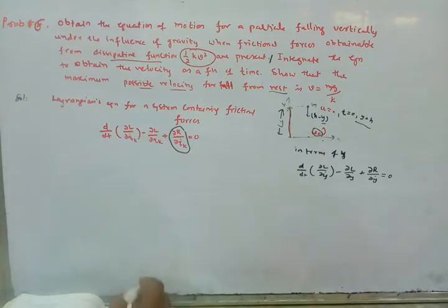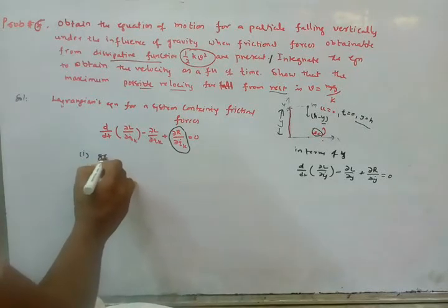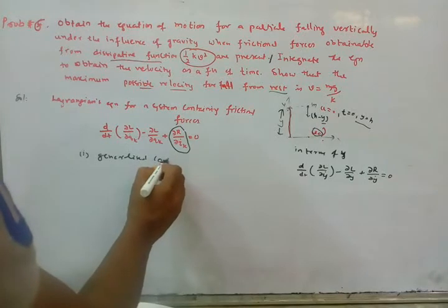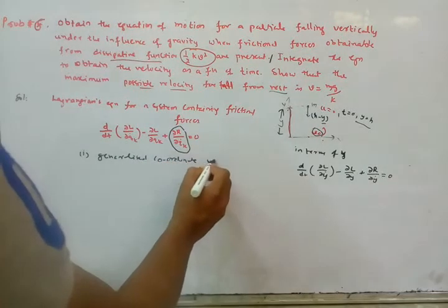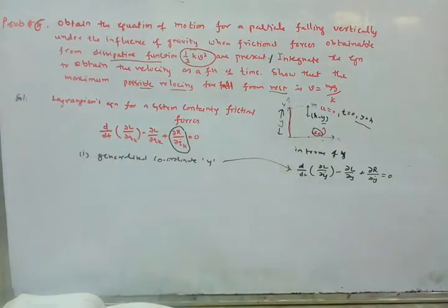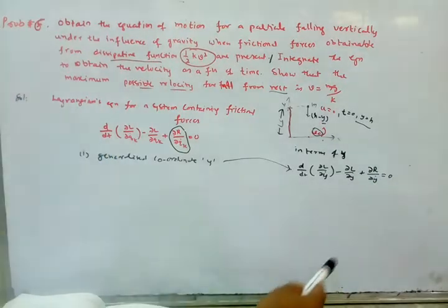The first step is the generalized coordinate y. In terms of y, we write Lagrange's equation: d/dt of dou L by dou y dot, minus dou L by dou y, plus dou R by dou y dot, equals 0.